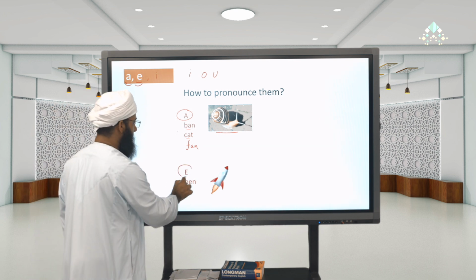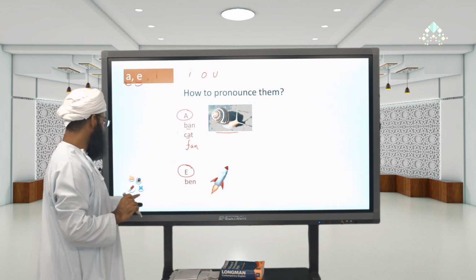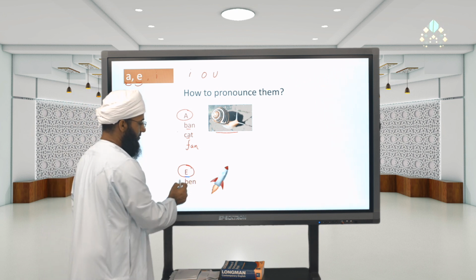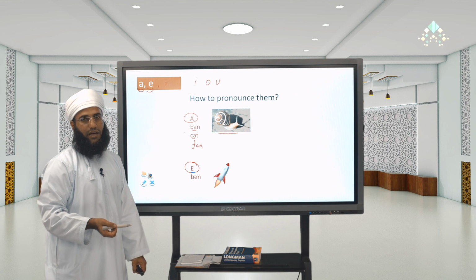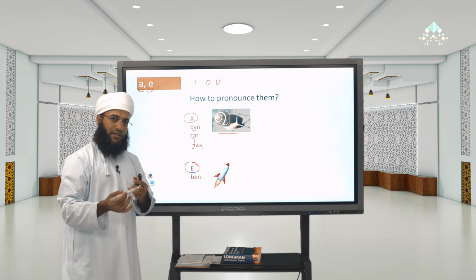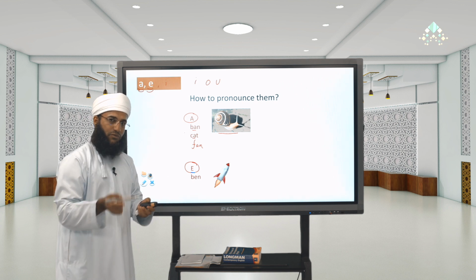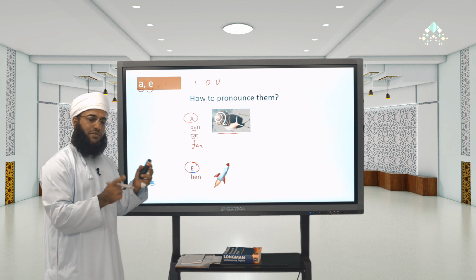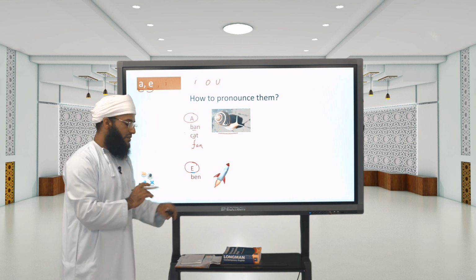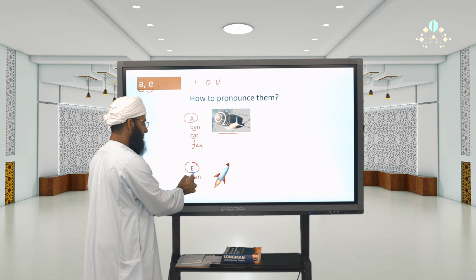If we go to the E, okay, we don't say A, we say E. Yeah, the letter looks like the E letter, but the sound is different. The vowels are different than the letters, and we spoke about that in the first lesson, so I'm not going to repeat it.